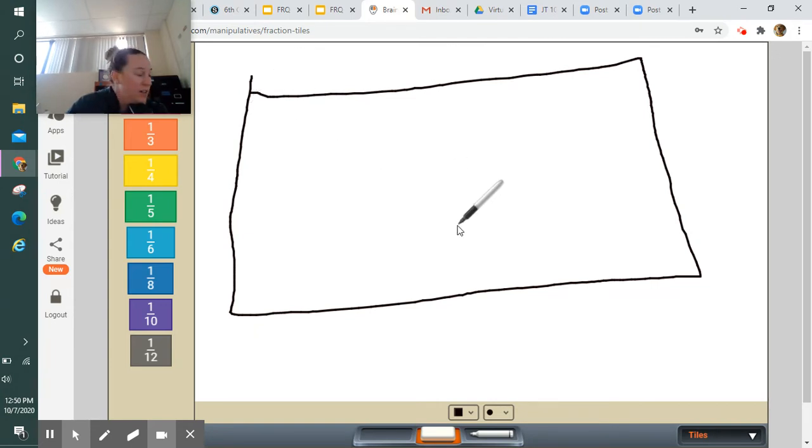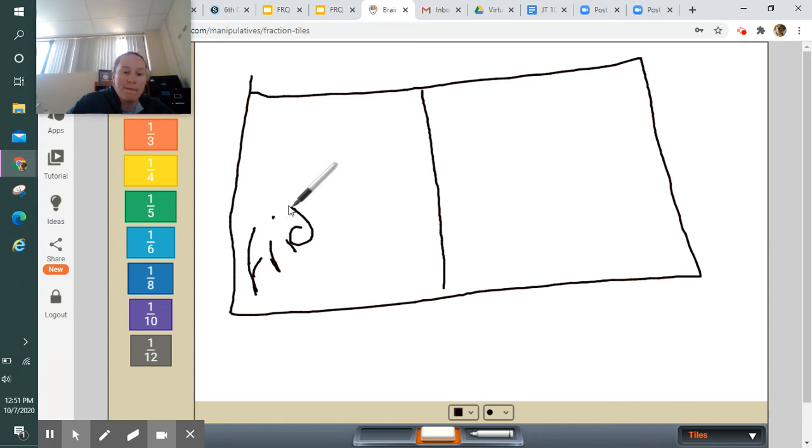Mine's not perfect. Going back to the problem, it says that on Friday, he gave out half of his supply. So I'm going to cut this in half and call this Friday. This is what he gave out on Friday, and that was half of the total.